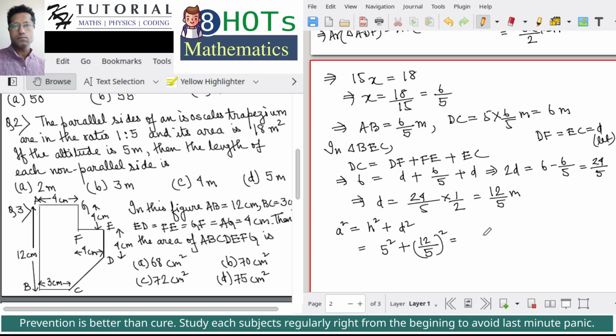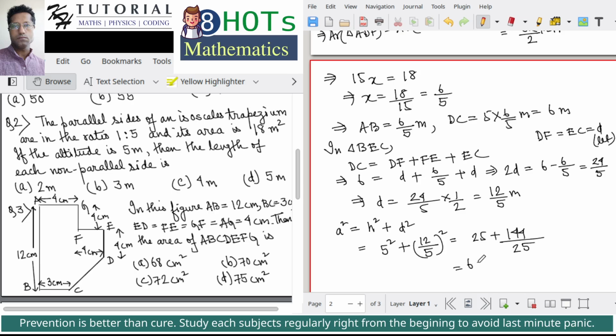This is 5 square. So this is 25 plus 144 by 25.